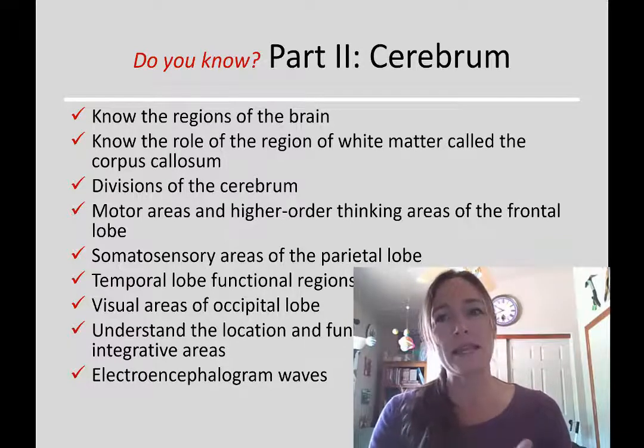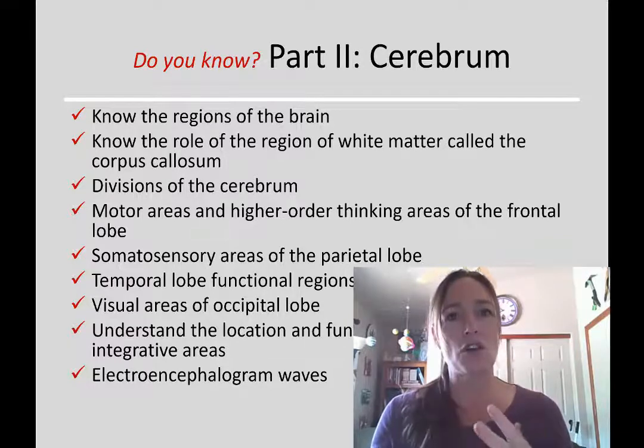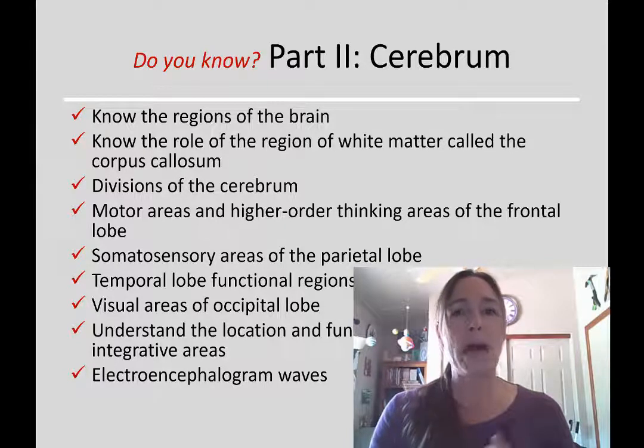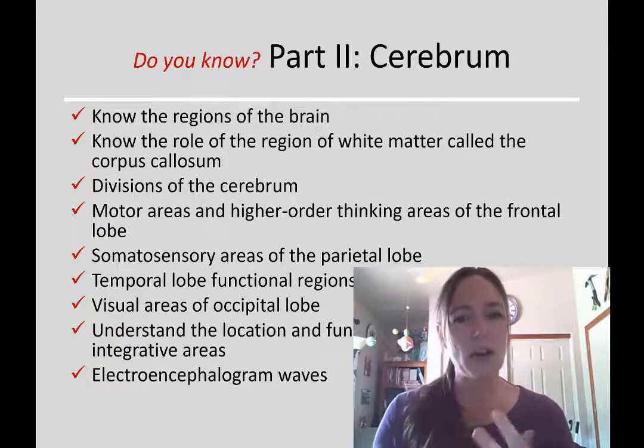So it is this higher order thinking that you're controlling yourself in a way, but you're also considering future implications in this, as well as understanding interpersonal relationships. So that's the higher order thinking.